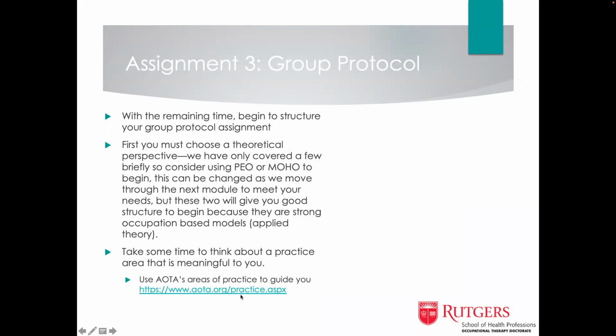And while you're looking at those practice areas, I want you to begin to think, okay, if I was working in this practice area, what might be a beneficial group that I could run in this practice area? An example is when I worked at Kessler, we had multiple groups. One group was an upper extremity group. That was all we called it, upper extremity group.